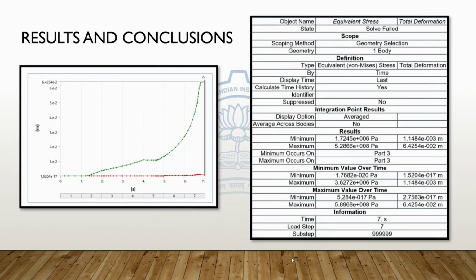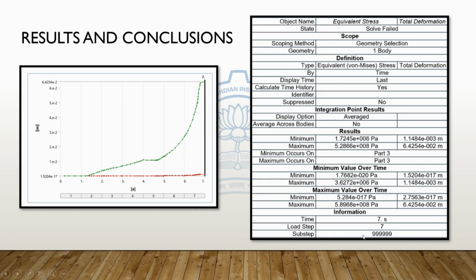The graph on the left shows deformation versus time, and as expected, the deformation increases with time. The green graph again shows the maximum deformation that we have encountered among all the cross sections that we have analyzed, whereas the red graph shows the minimum deformation. The table on the right shows these values.